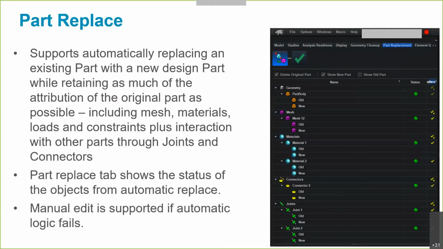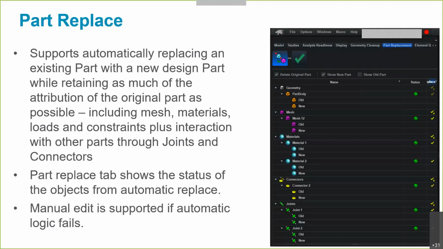You choose the new part, the new CAD geometry that you want to replace it with, and the system will automatically attempt to update the model to incorporate the new part, mapping all of the meshes, materials, loads, constraints, glue, joints, connectors, everything that was attached to the old model.